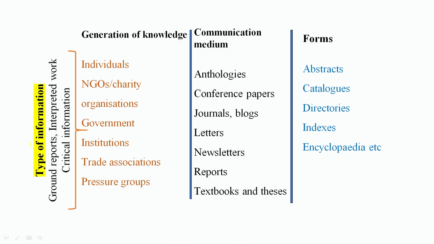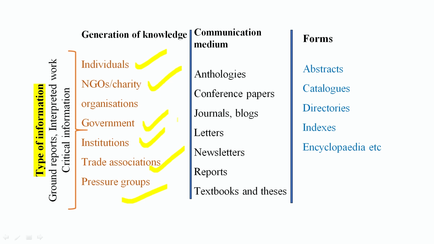So, let us go through this slide. I have divided the information into 3 different columns. The first one is where the information is generated, or the source of information. We can find individuals, charity organizations or NGOs, governments and public private institutions, trade associations or pressure groups.